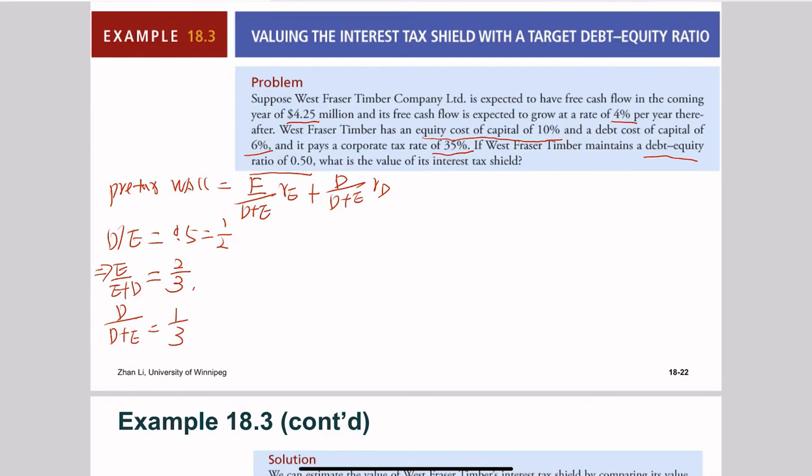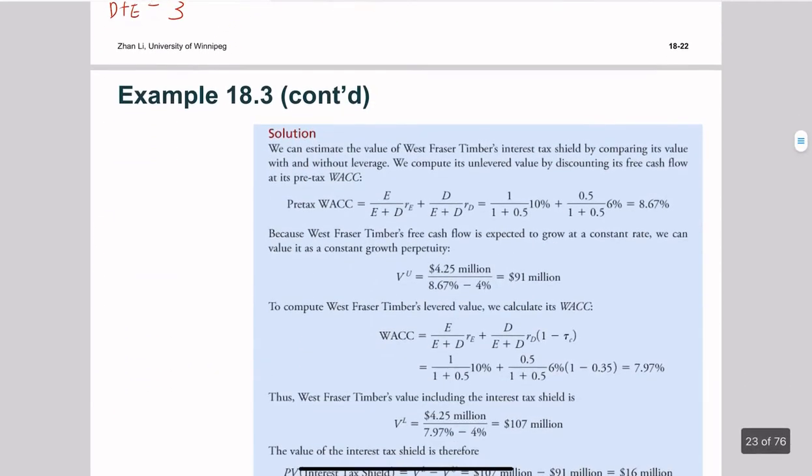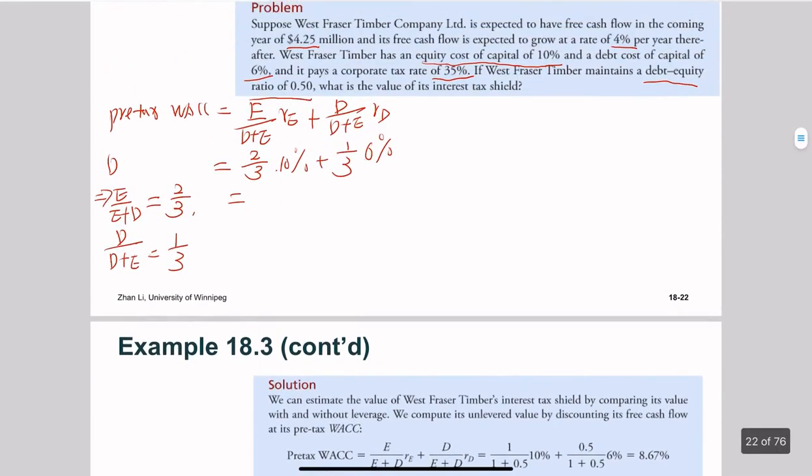So now we could use these ratios. So this is 2 over 3 times RE, 10%, plus 1 over 3 times 6%. So this gives us a value of, let me see, 8.67%, right? Okay, great.